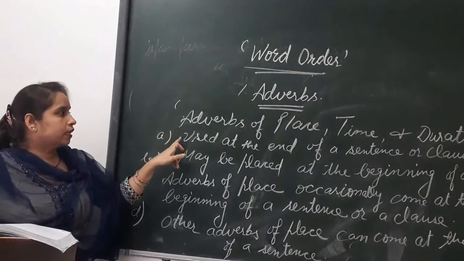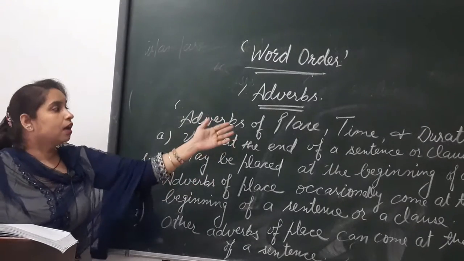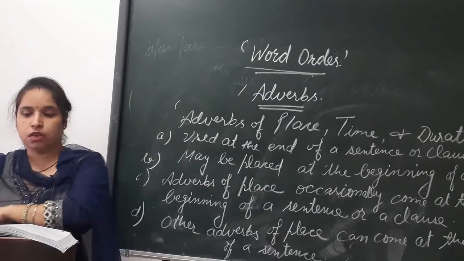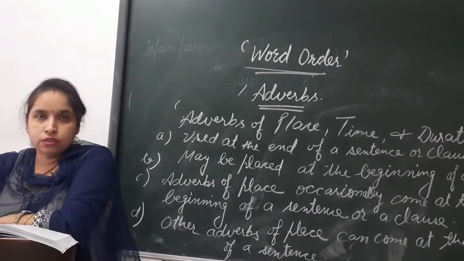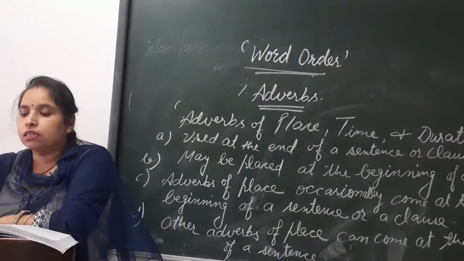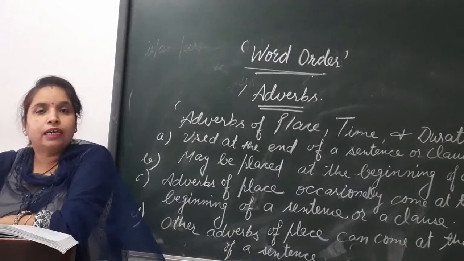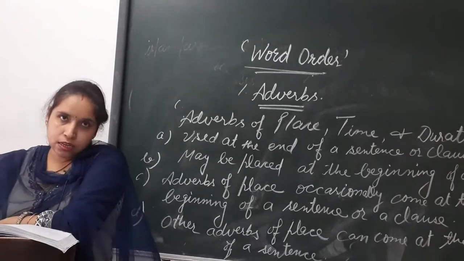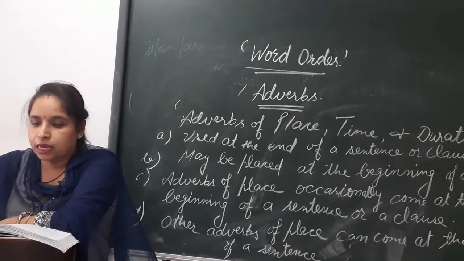Usually it is used at the end of a sentence or clause. For example, while we were staying at the hotel, a conference was being held there. So at the hotel and there are related to place. These are adverbs of place and these are used at the end of the sentence.